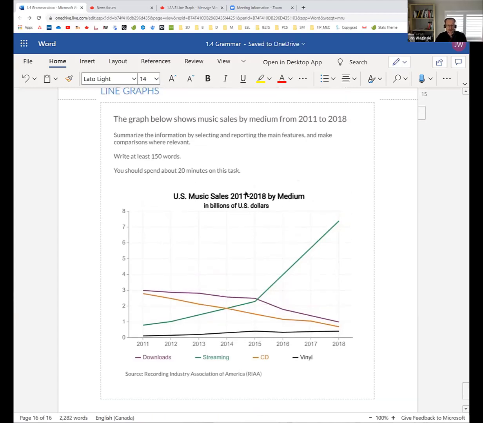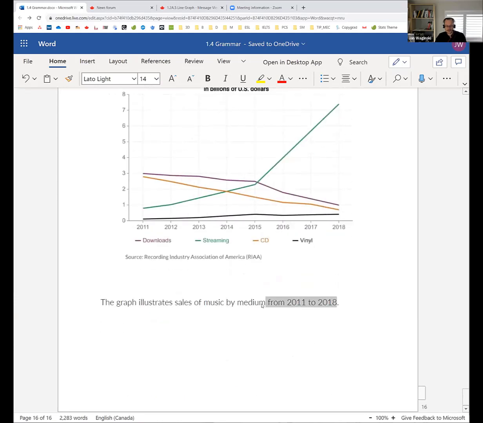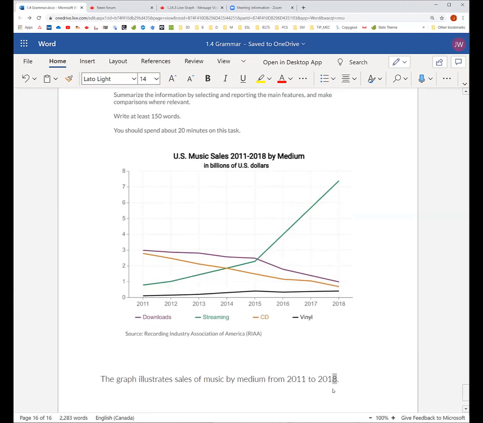So music sales, you can paraphrase by saying sales of music. Just changing the order of the words, changing the form of the words, that's paraphrasing. Now we've got 6 words that are the same compared to the original, so we still have to paraphrase these.